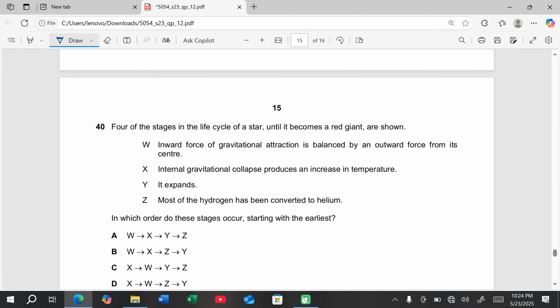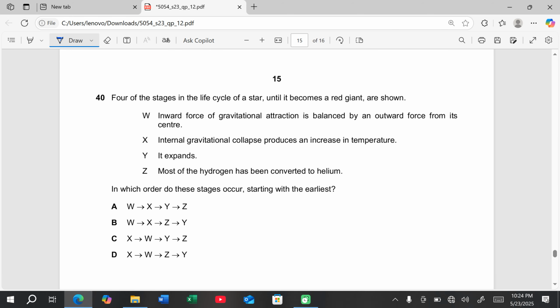Four stages in the life cycle of a star until it becomes a red giant are shown. Inward forces of gravitational attraction are balanced by outward forces from its center. Internal gravitational collapse produces an increase in temperature. Most of the hydrogen has been converted to helium, and it expands.